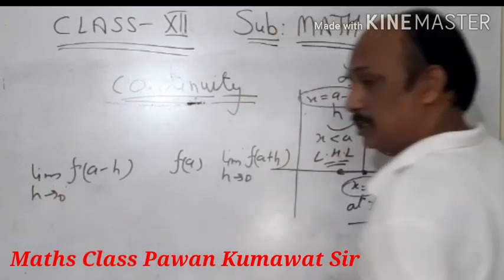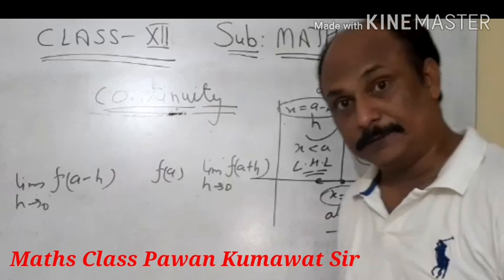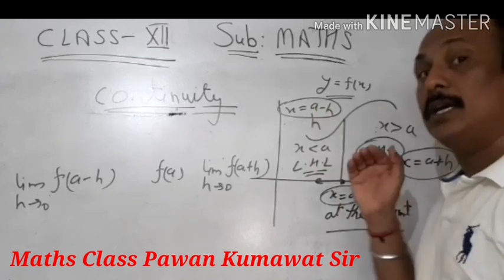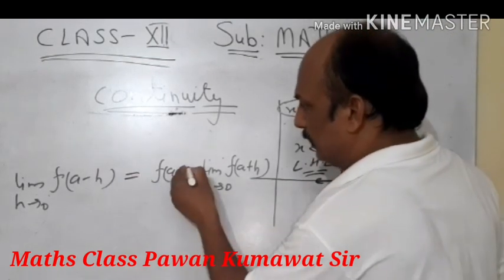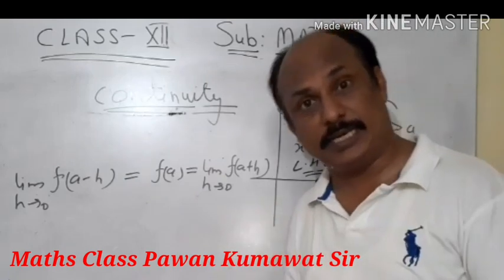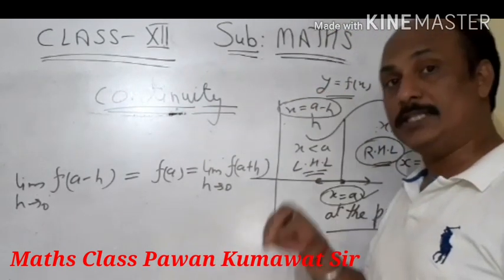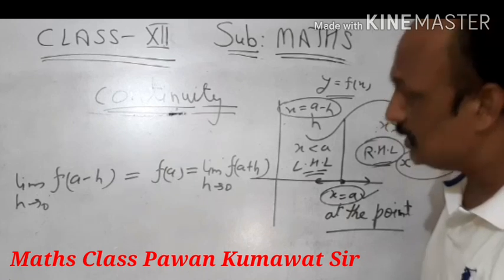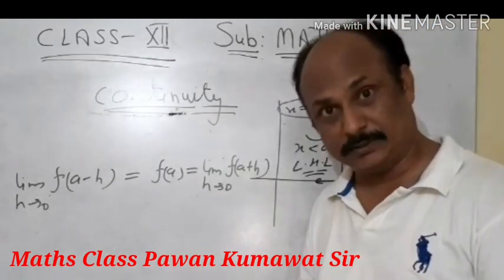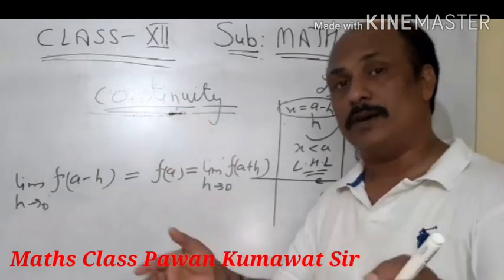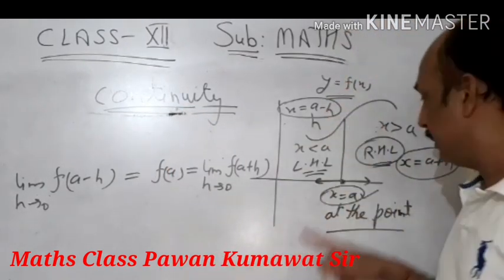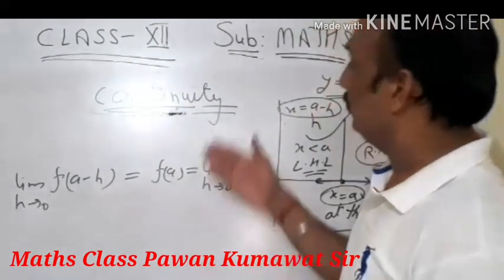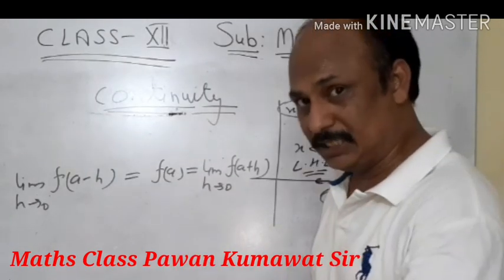If the values of the given function at these 3 points are equal, then we can say the given function is continuous at the given point. So this is the process of checking continuity of any given function at any given point. Is that clear? I will explain this topic with an example.